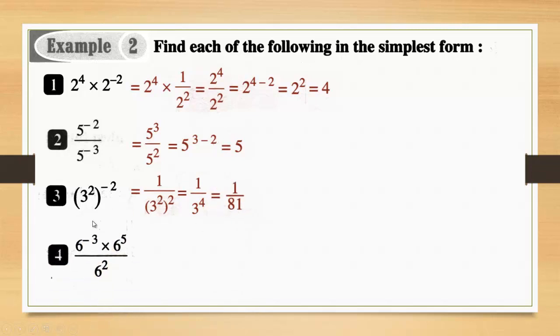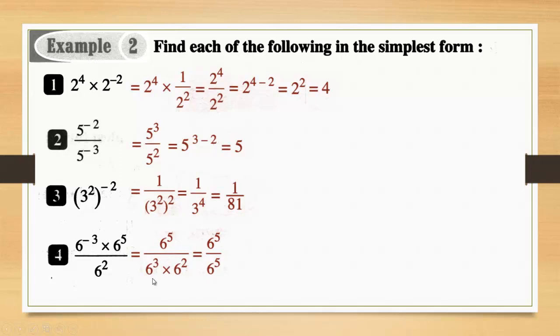Example number 4, 6 power negative 3 times 6 power 5 over 6 power 2. We change the negative power to a positive power by moving it to the numerator. So 6 power 5 over 6 power 2, and 6 power negative 3 becomes 6 power 3.